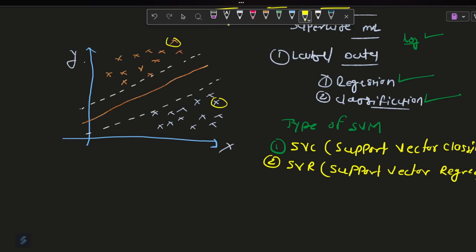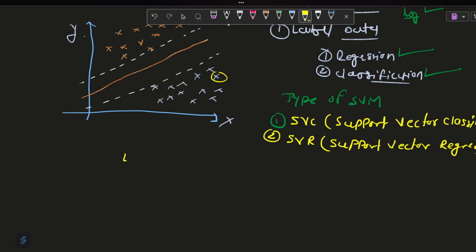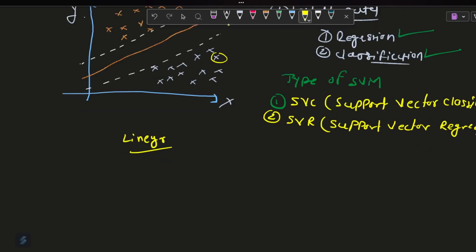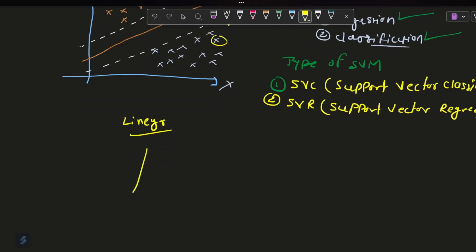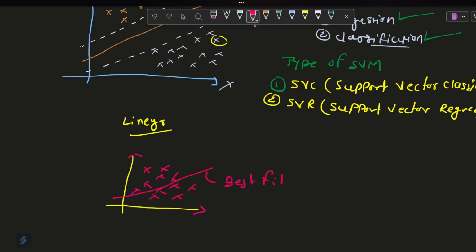Basically, when you learn about linear regression, your data frame is split something like that. We have data points, and a line passes through them, called the best fit line.